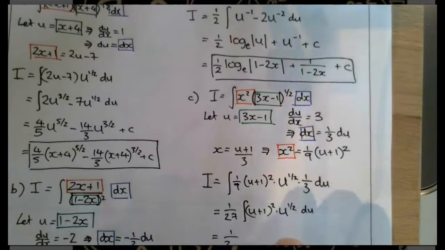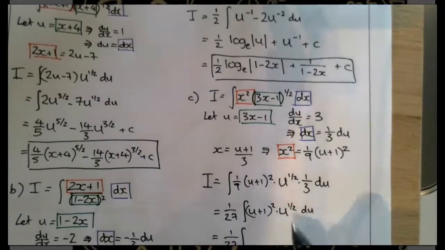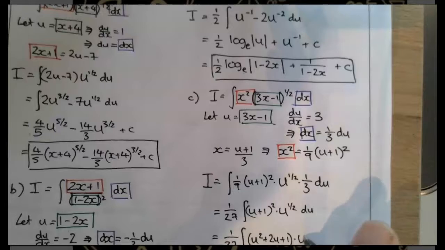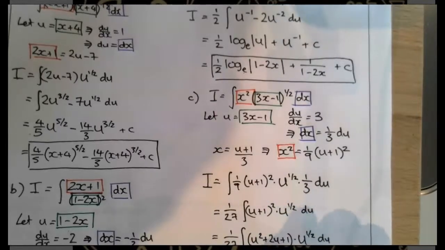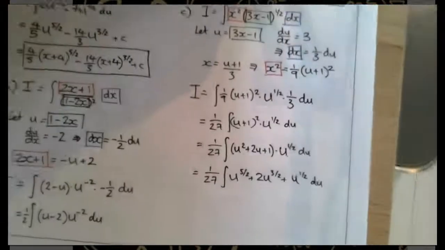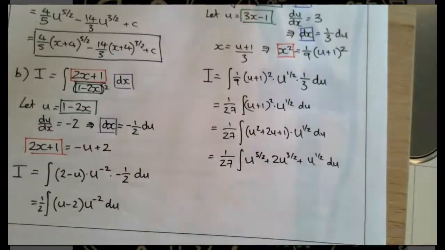And now, using a similar technique to that example we looked at earlier, I can do the expansion. This is u squared plus 2u plus 1 times u to the power of a half du, and completing that, that's u to the power of 5 over 2 plus 2u to the power of 3 over 2 plus u to the power of a half du, and this is something I can integrate.